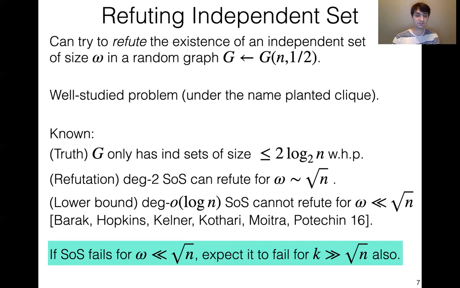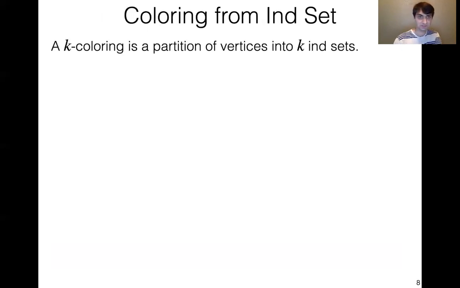And intuitively, if sum of squares is failing to refute that there is an independent set of size smaller than square root n, we should also intuitively expect it to fail to refute that there is a root n coloring. And why is this? Well, a k-coloring is simply a partition of vertices into k independent sets.